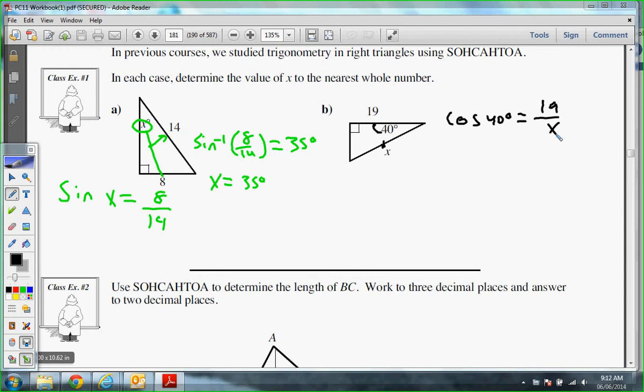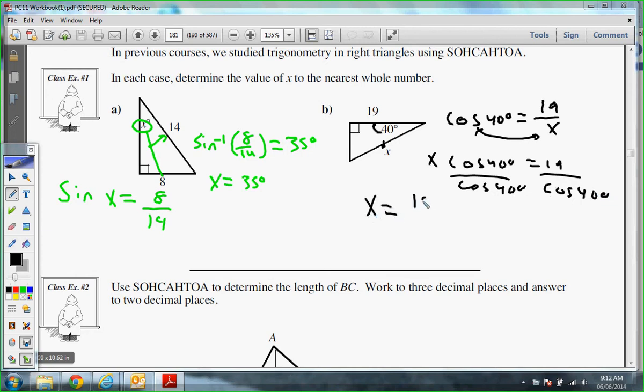Essentially what's going to happen is that these two are going to switch because you're going to times the x over, and then you're going to divide the cosine over. So x equals 19 over cosine 40. So x equals 25 in this case. Okay, and that's a review of your general trigonometry. You probably remember that.